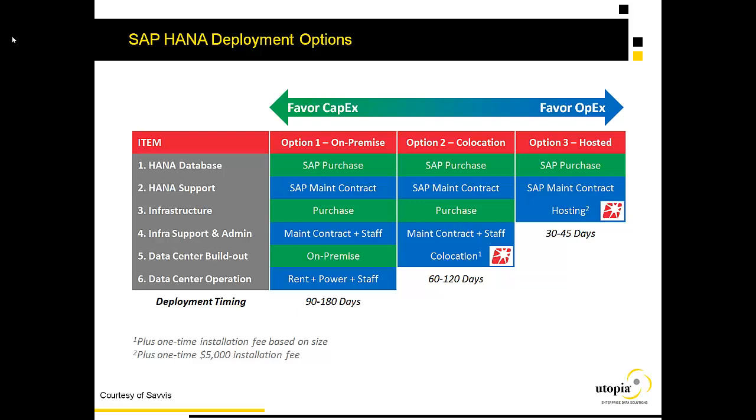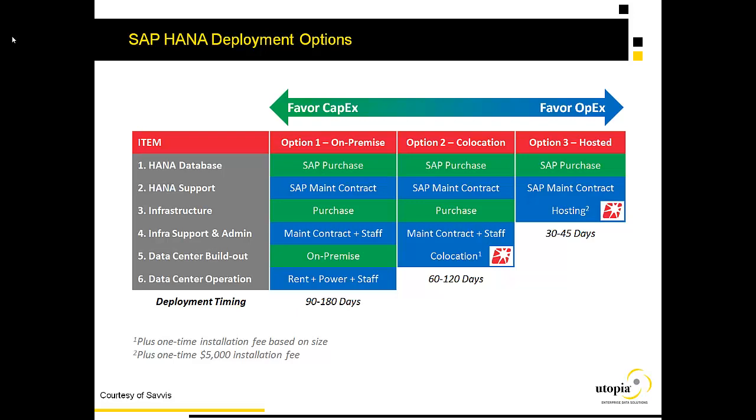And the factors or the elements that start to accumulate in those days are these various rows here on the left, where you have a HANA database. Well, it's common across all three columns, or all three models, that you have to purchase the SAP contract. So that's in the 30 to 45 days. Then you have HANA support.